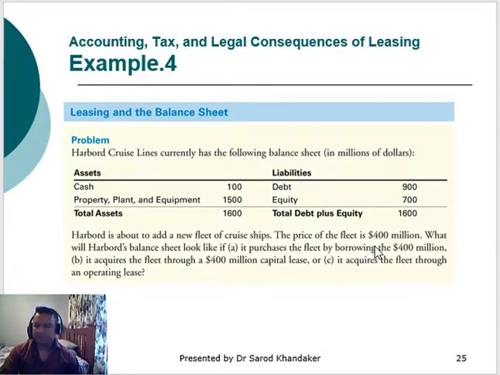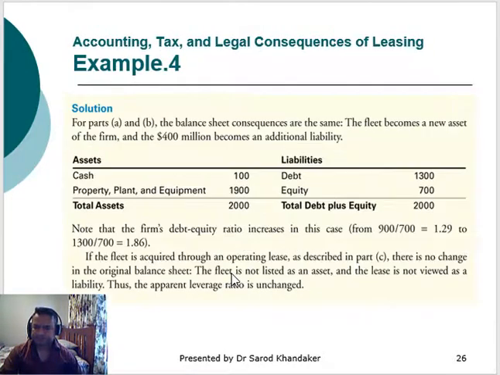The price of the fleet is $400 million. What will Harbor's balance sheet look like if A, it purchased the fleet borrowing $400 million; B, it acquired the fleet through a $400 million capital lease; C, it acquires the fleet through an operating lease? So we'll look at how these options impact its balance sheet.